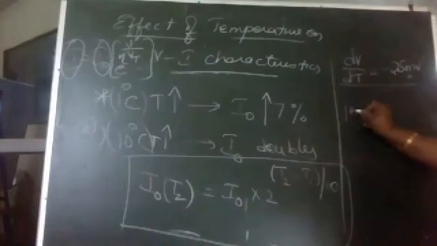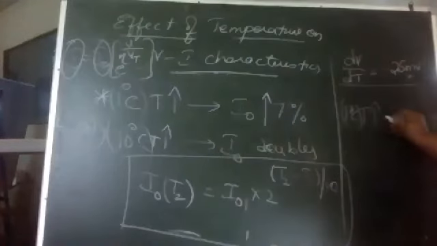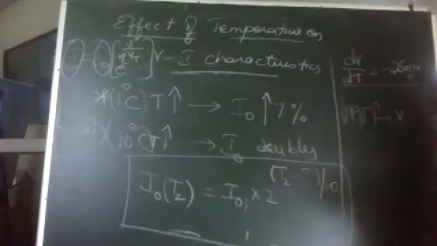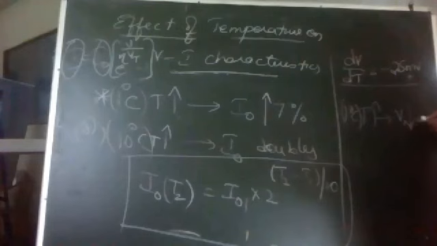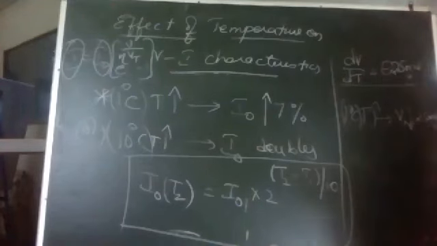For every 1 degree rise in temperature, you observe that the voltage received by the junction always decreases by 2.5 millivolts. That's why this minus is shown. Minus indicates decrement. So an increase in temperature results in the voltage across the junction decreasing, by 2.5 millivolts.